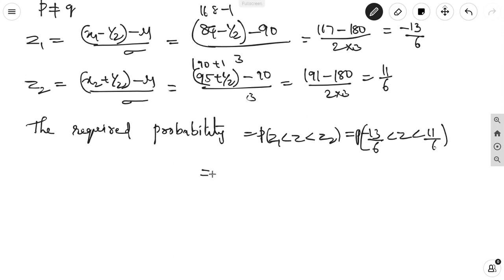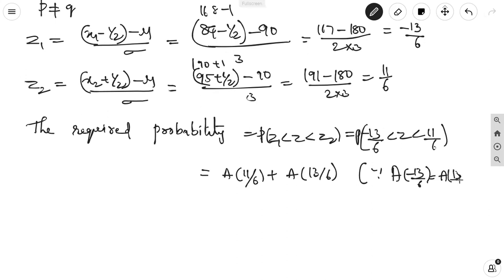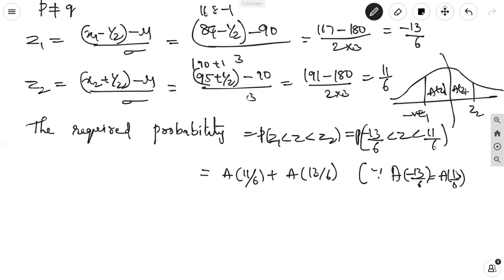It is equal to the area of 11 by 6 plus the area of 13 by 6. Minus 13 means it's plus 13 only, since the area of minus 13 by 6 is equal to the area of 13 by 6. Why? Because we can draw the normal curve. In this, the left side is Z1 and the right side is Z2. Being negative means it is the area of Z1 and the area of Z2. So to calculate this area, we add the area of Z1 and Z2.